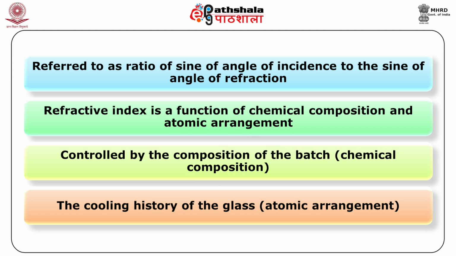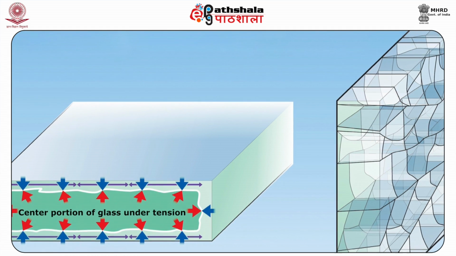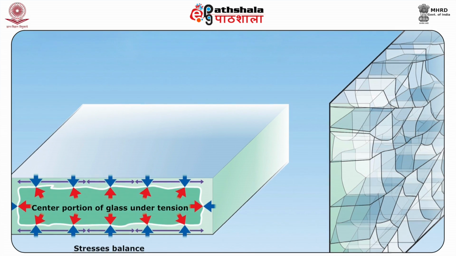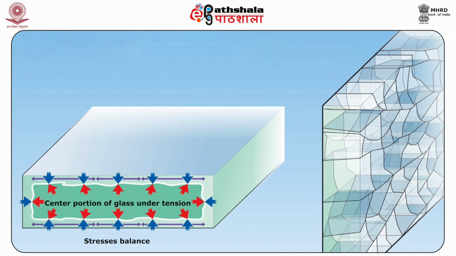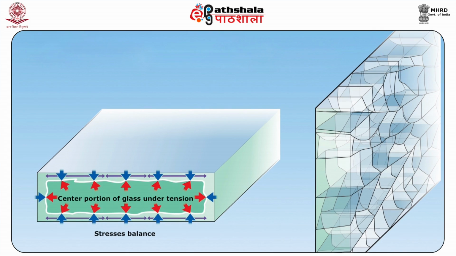In glass, these are controlled by the composition of the batch, chemical composition, and the cooling history of the glass, atomic arrangement. Tempering changes the cooling rate of the surface of glass relative to the interior and imparts a continuous change in the refractive index from the surface to the center of the glass.